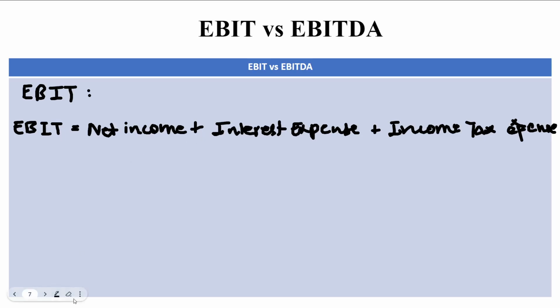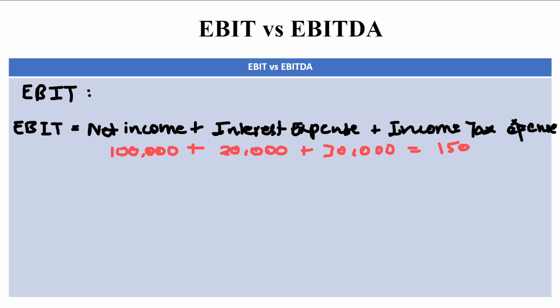Well, it's simply 100,000, which is our net income, plus our interest expense, which is $20,000, and our income tax expense of $30,000, and this adds up to a total of $150,000, which is our EBIT, otherwise known as earnings before interest and taxes.